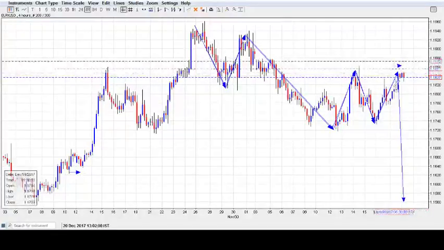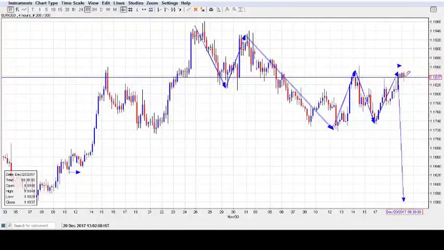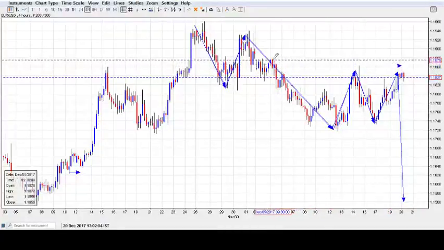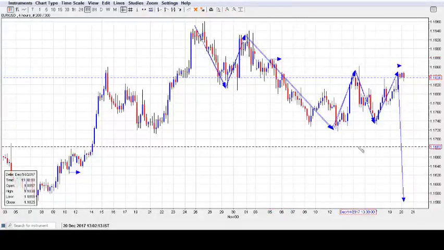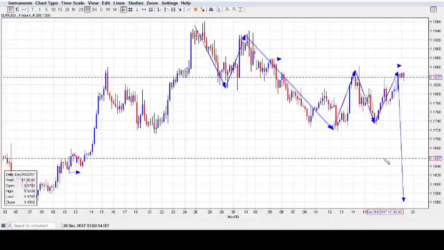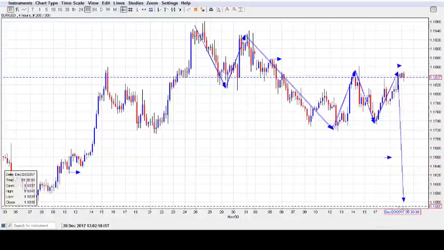If you're an intraday trader, please go short with a stop above 1.1870, 1.1880. I've suggested 85, with a soft target of around 1.1600 and 1.1550.